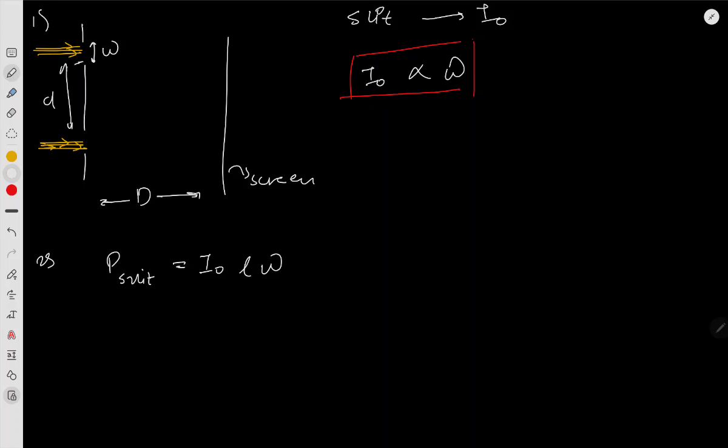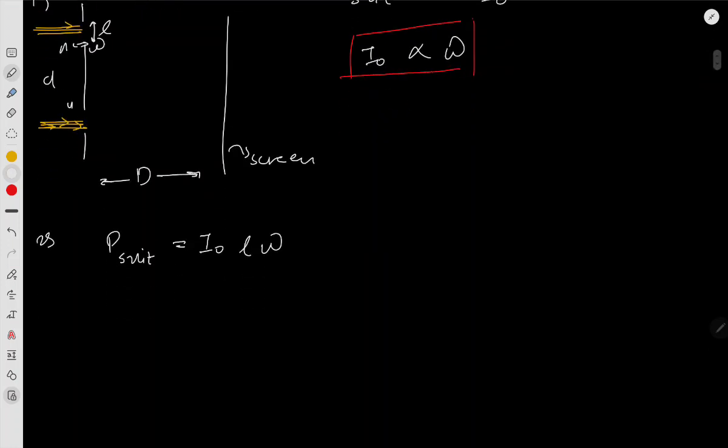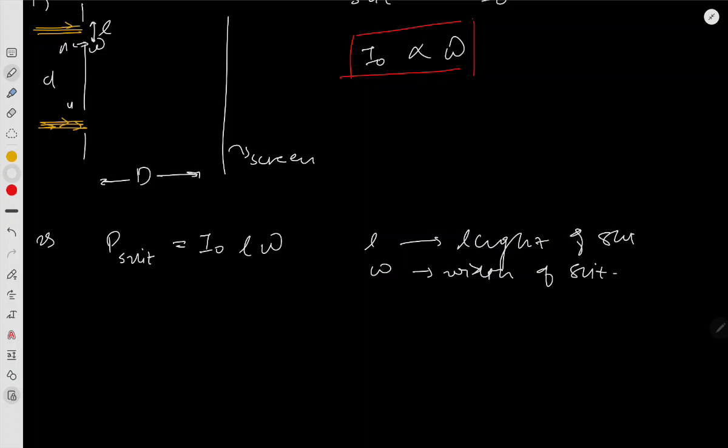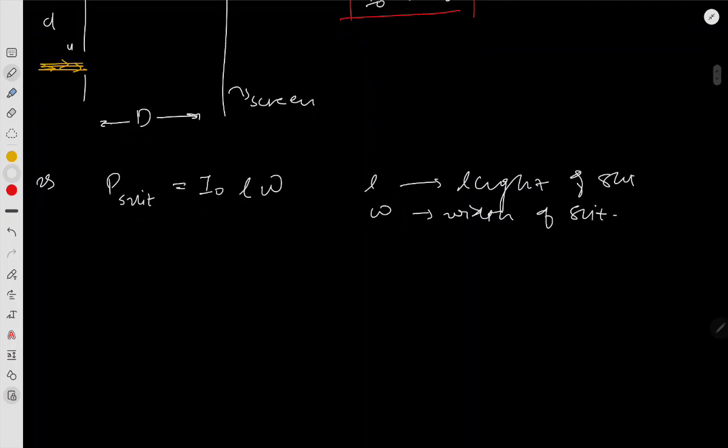Sorry, actually I should write this as L and this as W. So L is the length of the slit and W is the width of the slit, and I naught is the constant.